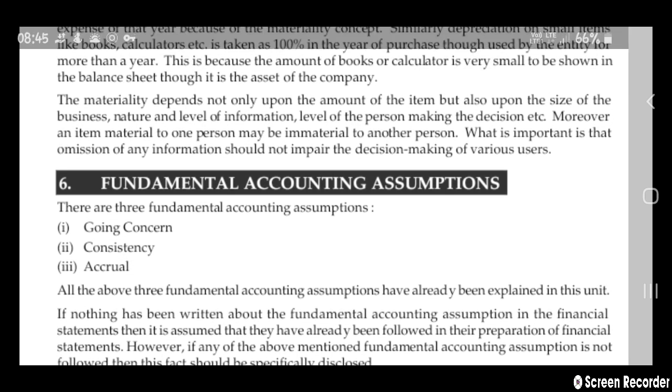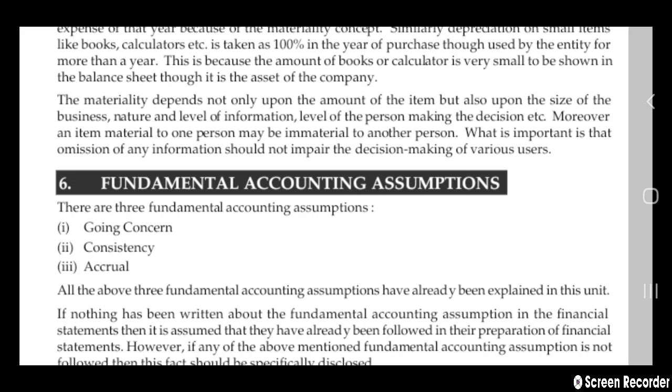Materiality depends not only upon the amount of the item, but also upon the size of the business, the nature and level of information, the level of the person making the decision, and many other things. Moreover, an item material to one person may be immaterial to another person.